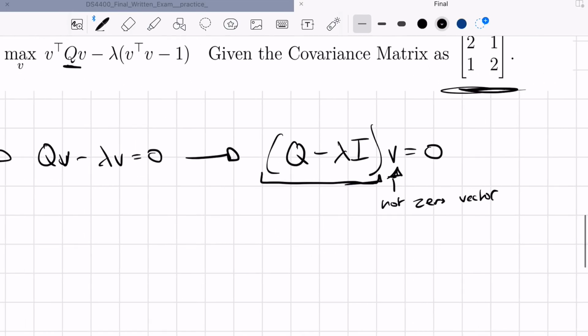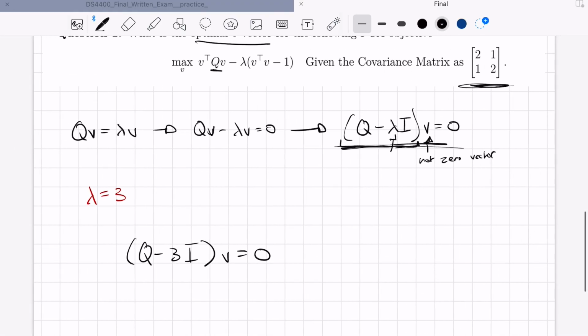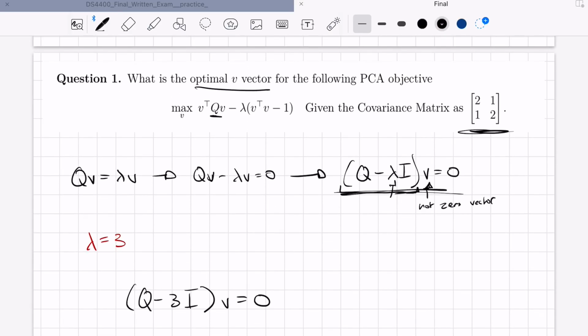Now that we have lambda, we can use this full equation right here since there's now only one unknown. So we have Q minus 3 times the identity times v is equal to 0. Sweet. Let's do that.